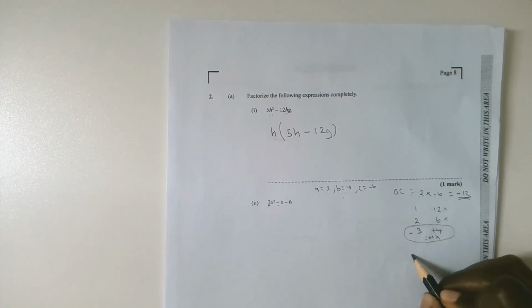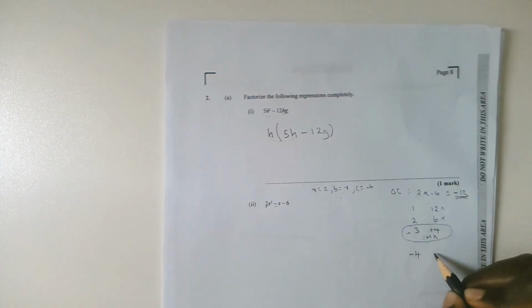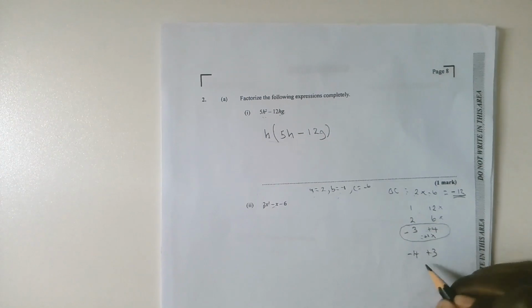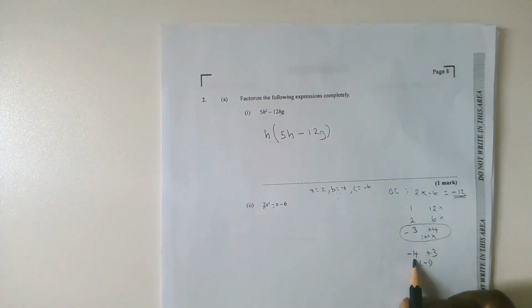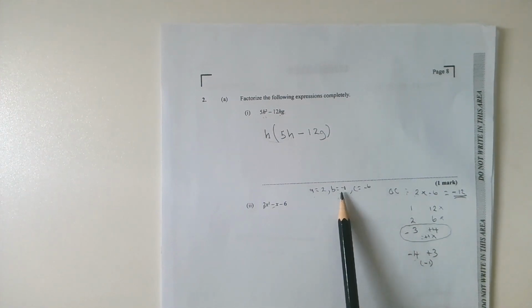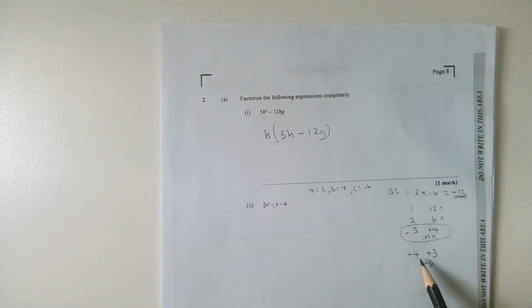But if we have a value of negative 4 plus 3, that would give us a value of negative 1. So our larger number has to be negative for us to have a negative 1 value. And then when we multiply 4 times 3 gives us 12. Multiplying a negative by a positive gives us a value of negative. So that's how we have our two factors.